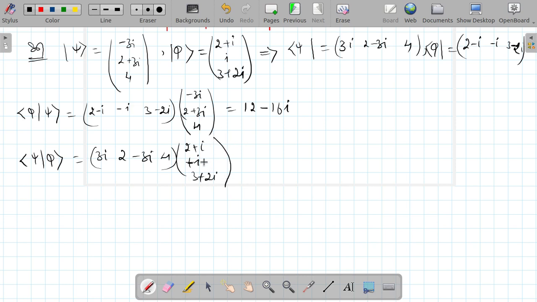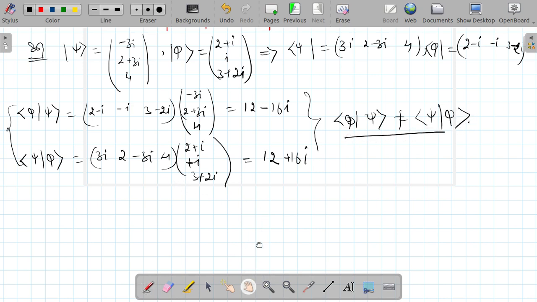That's what we have to take, and corresponding to it the result is 12 plus 16 iota. And from these two, we can also conclude that the scalar product of phi with psi is not equal to the scalar product of psi with phi.